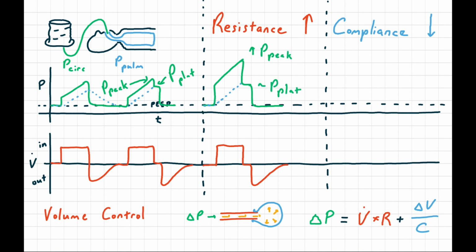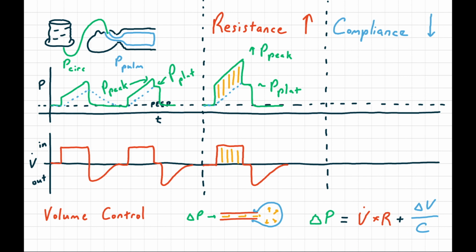And the reason is that with a high resistance, to maintain this constant flow rate, you need a constant but very high delta between your circuit pressure and your pulmonary pressure. But as soon as, in your inspiratory breath hold, your flow rate goes to zero, this whole term of the equation becomes zero, and all you're left with is the compliance volume term.